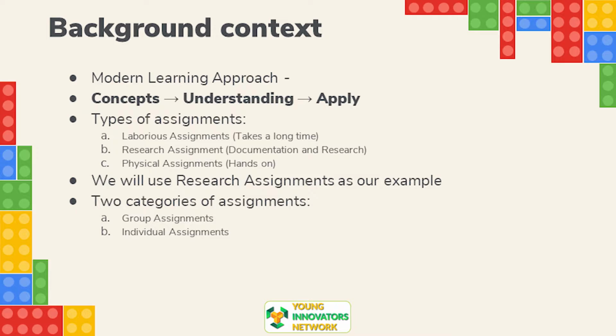So basically your assignment is an application of your concepts coming from at least 5 to 7 classroom lessons. They want to see that you can independently apply that. So this is basically the theory behind it.